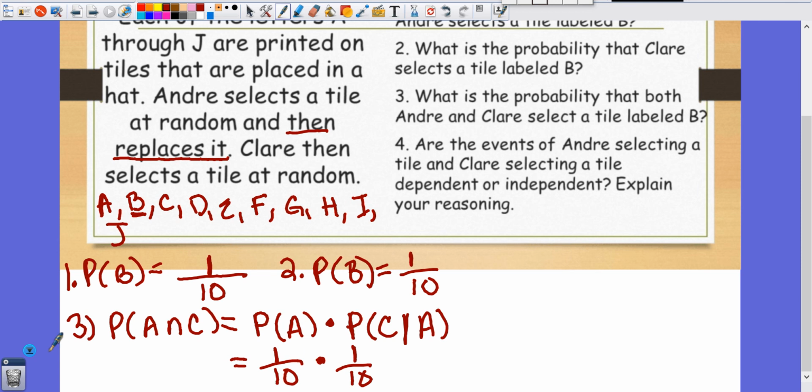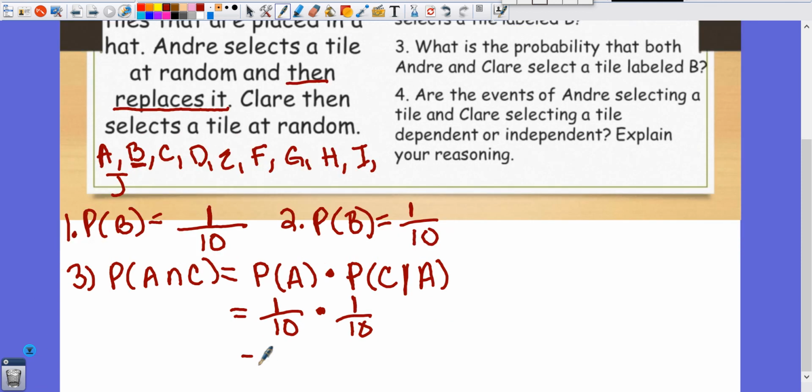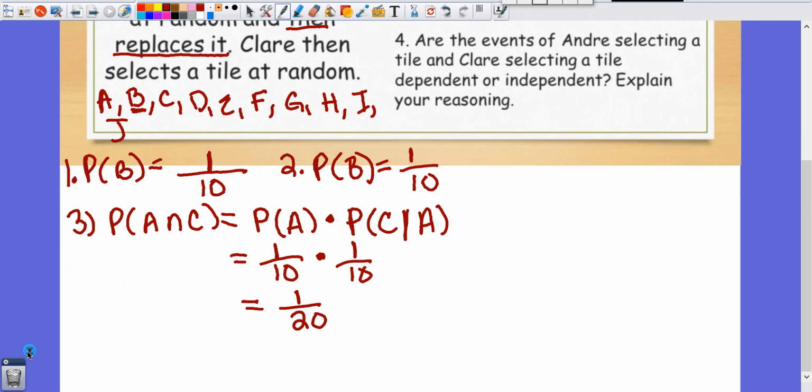And so the answer to this would be equal to 1 out of 100. So we're multiplying those two probabilities together. All right. So we're done with that, and this would be Claire getting a tile after Andre has done it. In math we read that as Claire getting a tile, given that Andre has already done it.